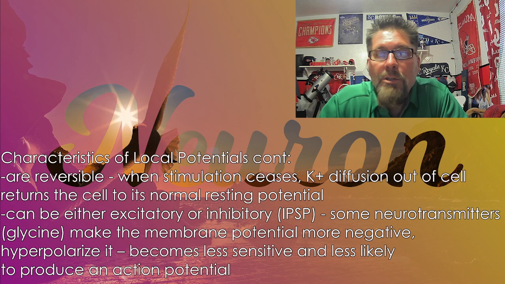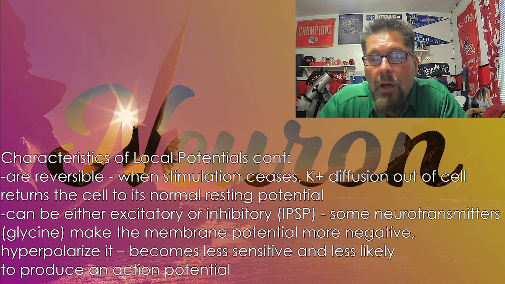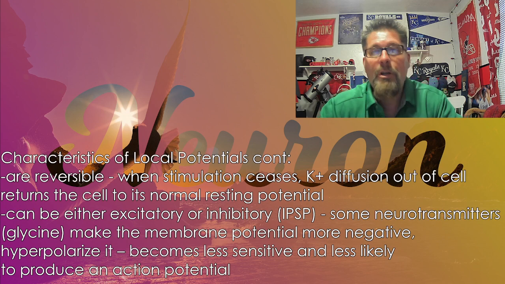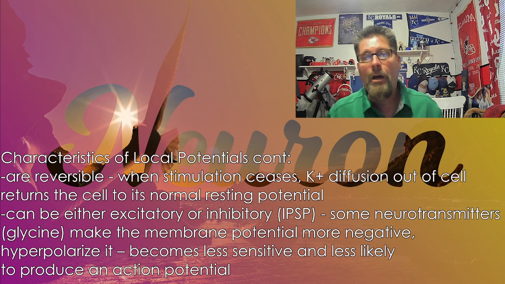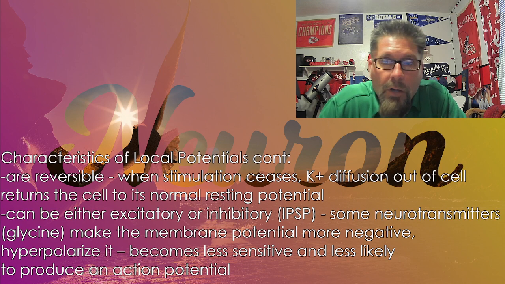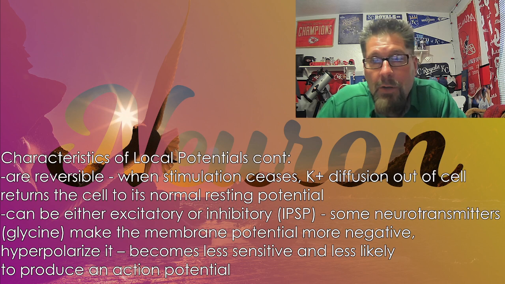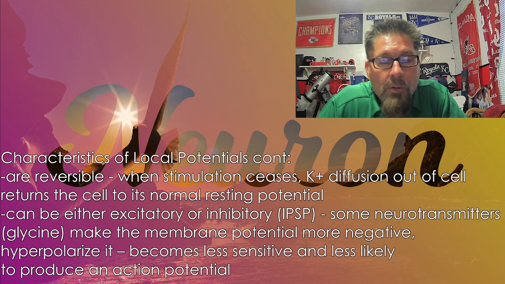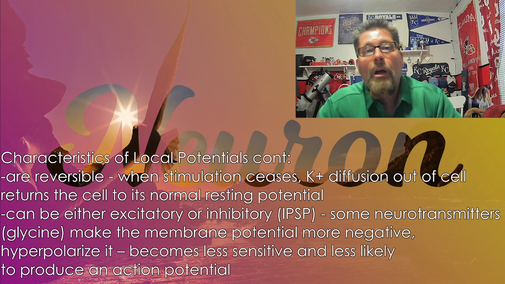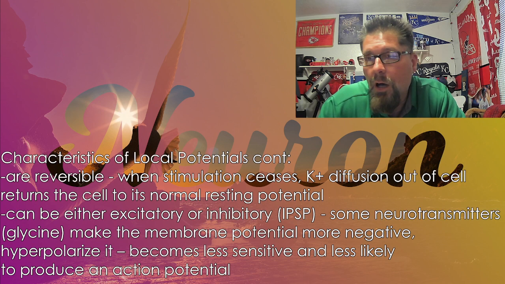And continuing this, they're also reversible. Okay, the stimulation can cease and return. Not only can they be excitable, as we've been talking about, they can also be inhibitory. Some neurotransmitters, and we'll get into neurotransmitters, can inhibit a situation.